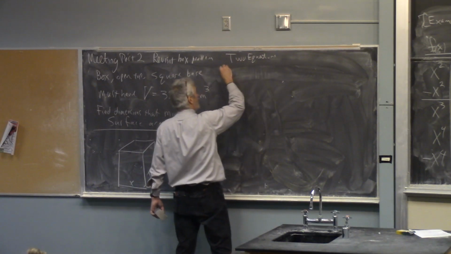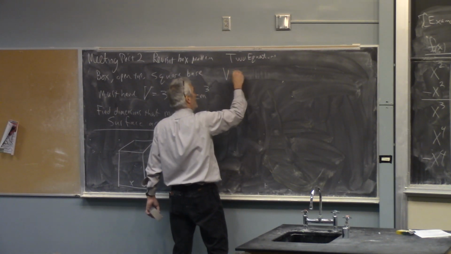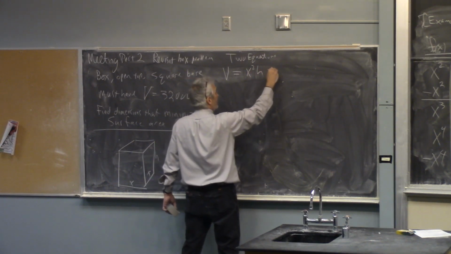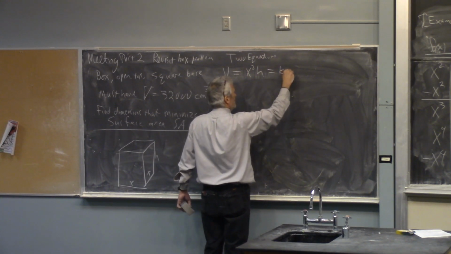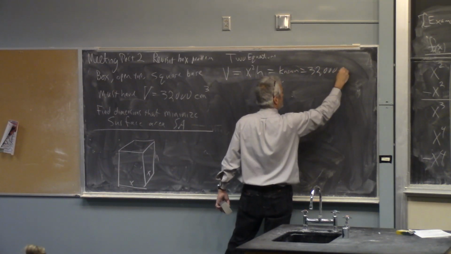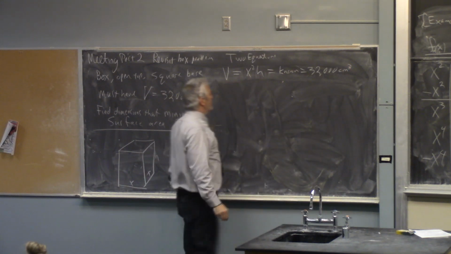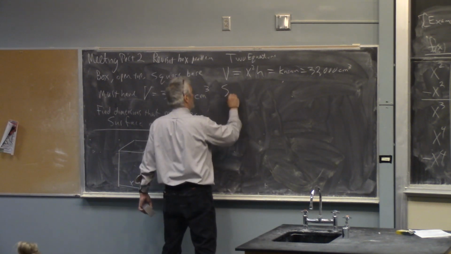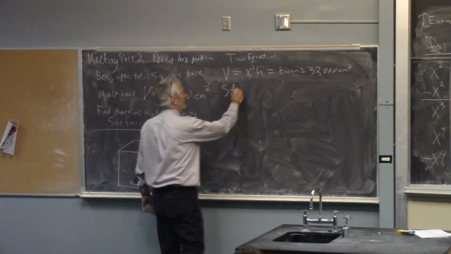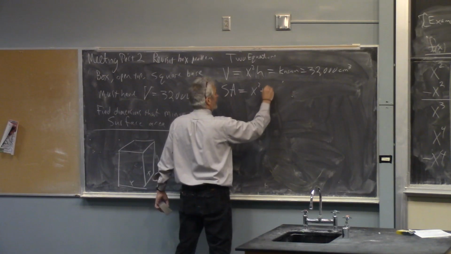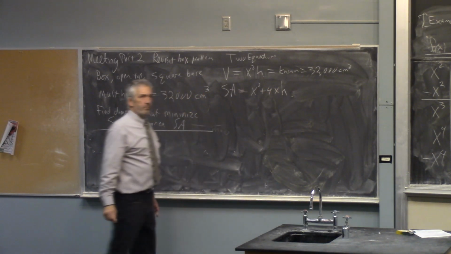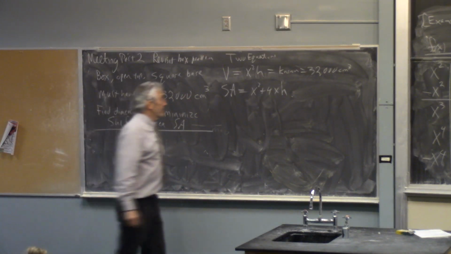So we have the volume, which is x squared h, and that's known. That's 32,000 centimeters cubed. And then the surface area is, well, the area of the base, which is x squared, plus 4xh. And we need to minimize surface area.